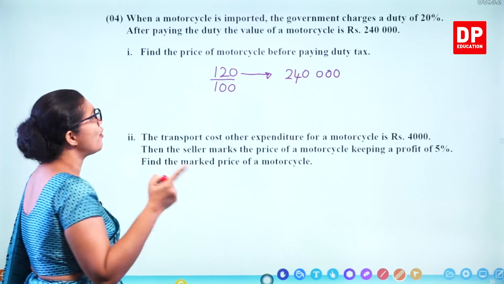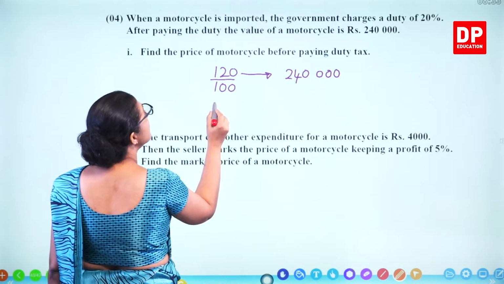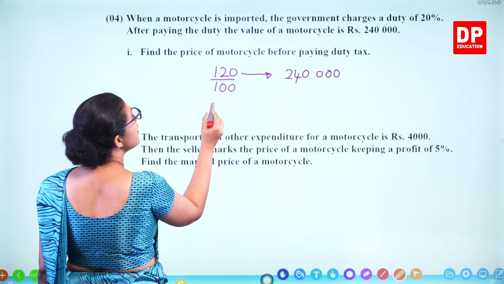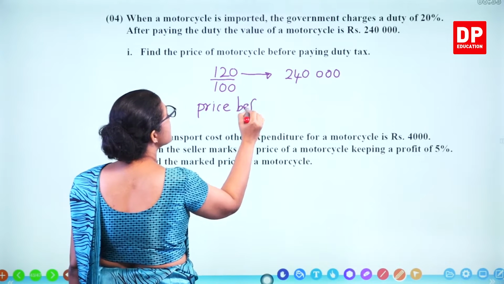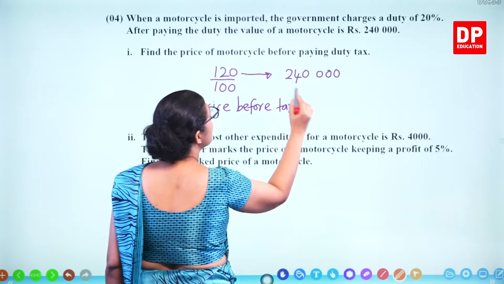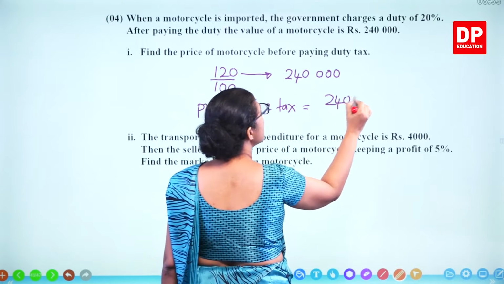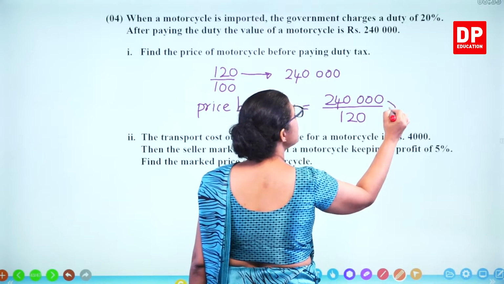So what about the original value? We can write down the price before tax: 240,000 divided by 120 and multiplied by 100.